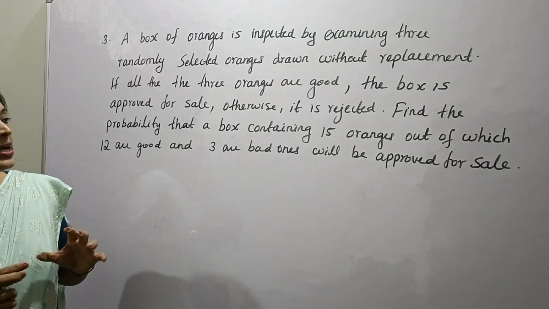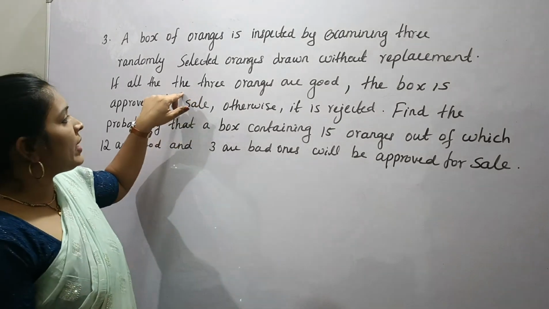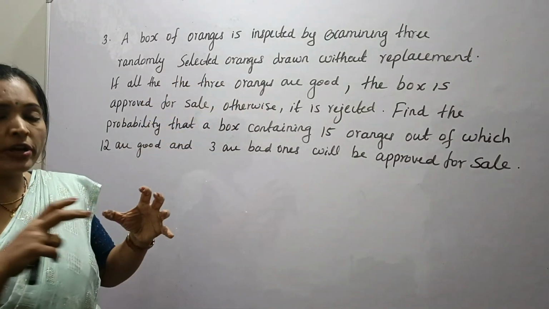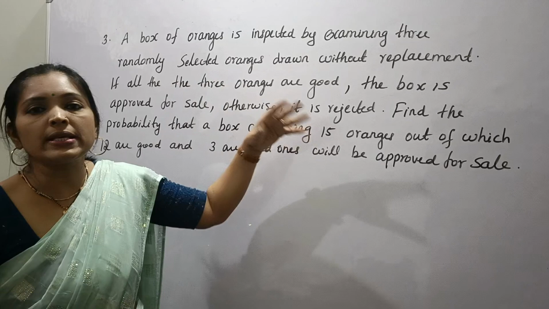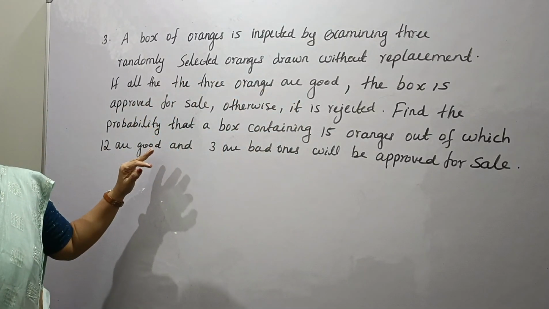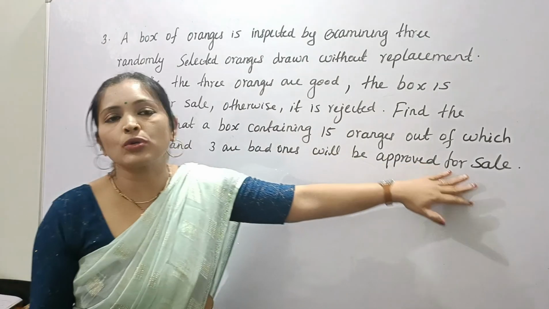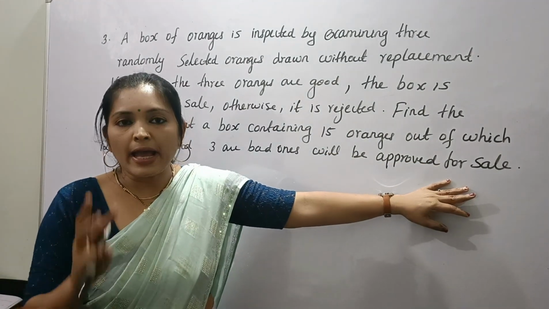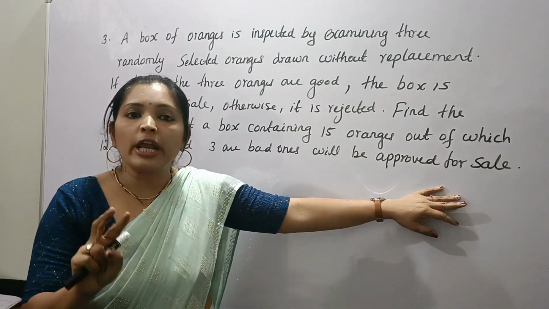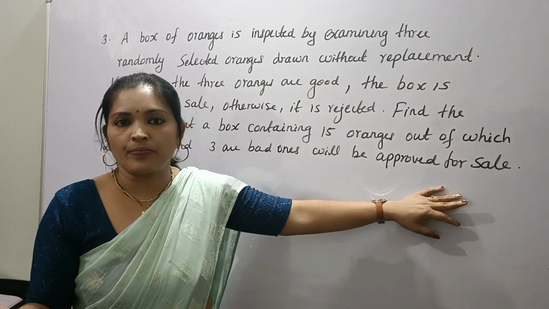So here we have to find the probability of, so it is given 3 oranges. If 3 oranges are good, then the box is approved for sale. Okay. So here we have to find the probability of approved for sale. Okay. That means probability of 3 good oranges are drawn.